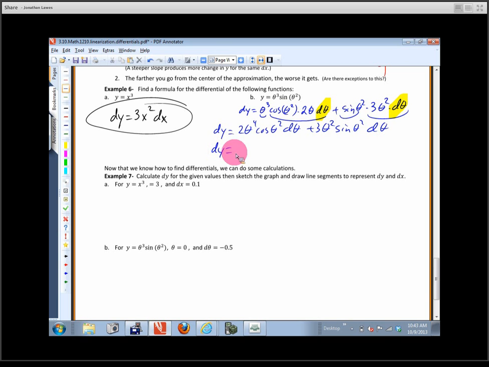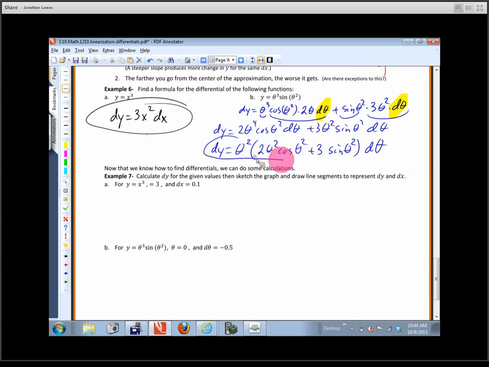So dy would be theta squared times (2 theta squared cosine theta squared plus 3 sine theta squared) d theta. That's cleaned up a little bit.